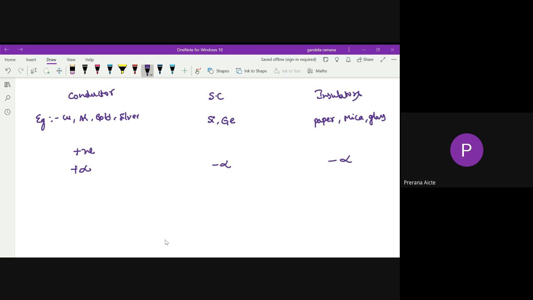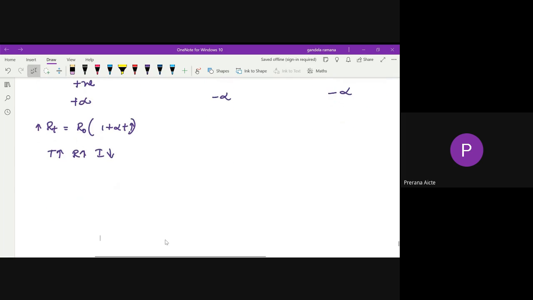We know the formula RT equals R naught into 1 plus alpha T. When temperature increases, resistance increases and the current decreases. So this is called positive temperature coefficient of resistance.